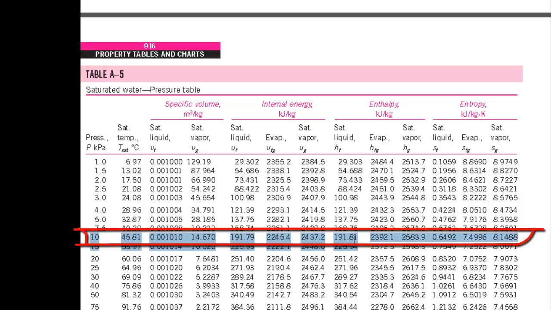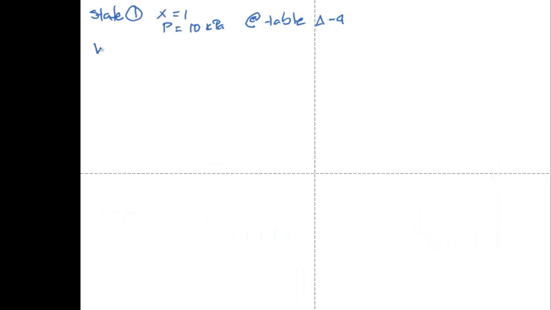We notice that all of this data is what we're going to use: specific volume, the enthalpy, and the entropy mainly. Copying that information from the table, we know that h1 is 191.81 kilojoules per kilogram, while v1 is 0.001010 cubic meters per kilogram. And that defines state 1.